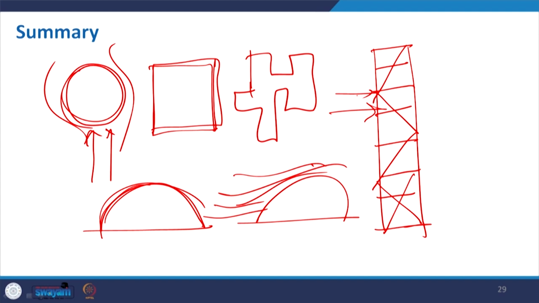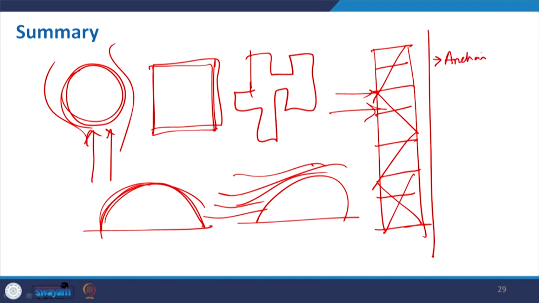And we have seen some examples of building forms which we can apply for different purposes, or to make a structure resistant against hurricanes, such as the spiral wind resistant structure that we have seen in the Shanghai Tower.